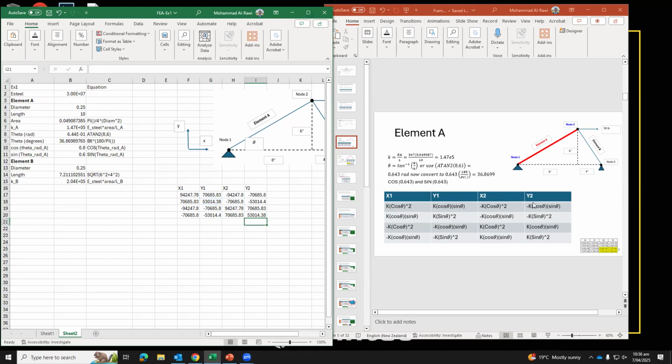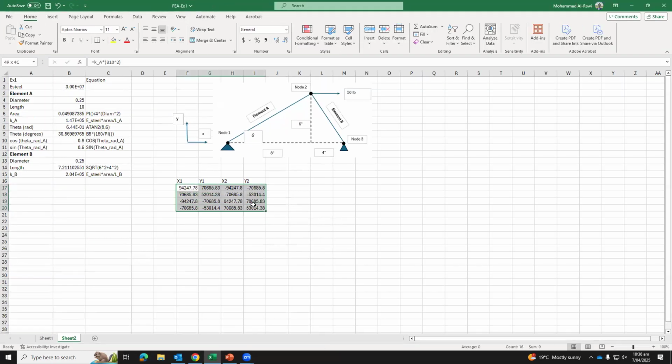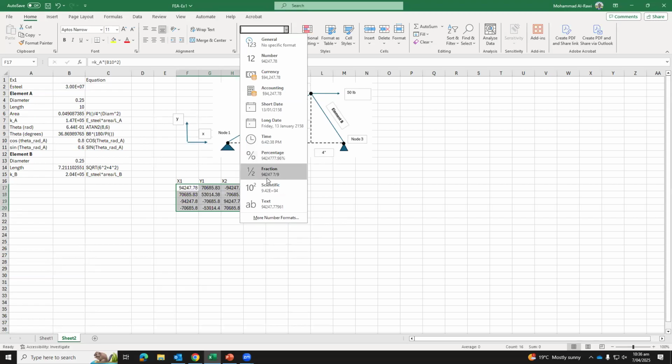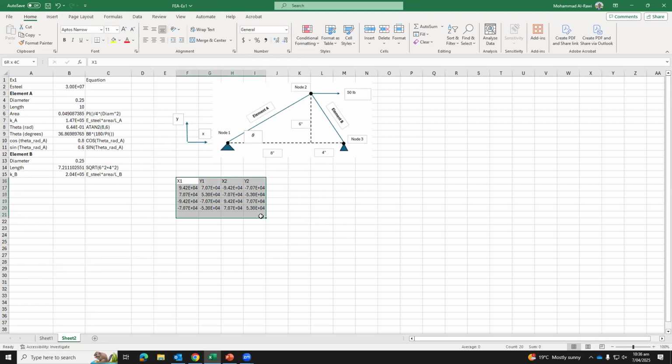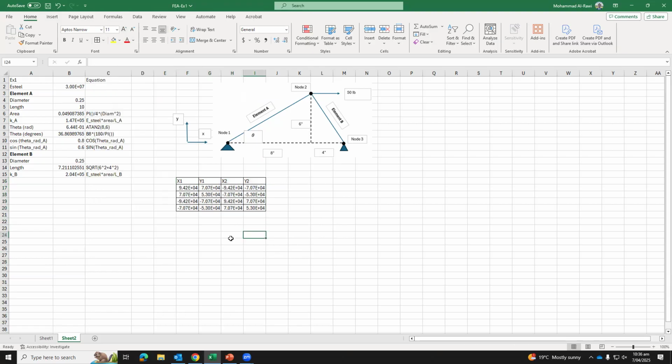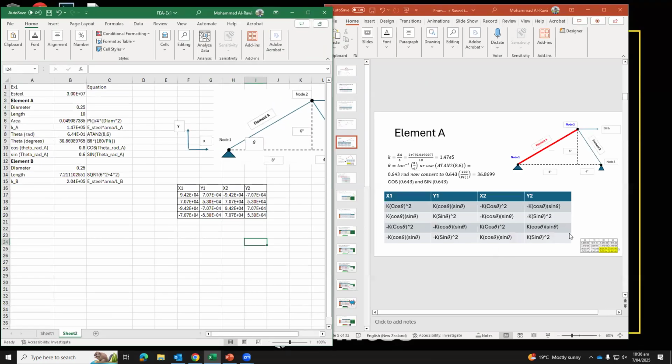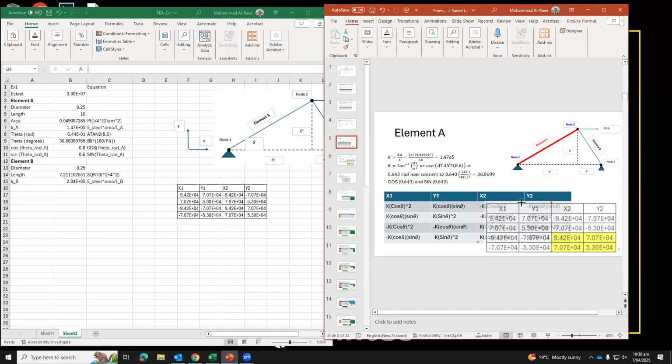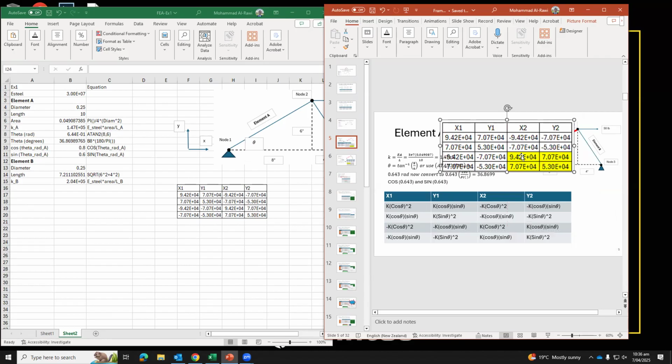After I follow these equations, now I can change them to scientific. Table them nicely. Just put all borders. And I'll put them there. And now I'll show you the table is generated here. It's exactly, they match the numbers.